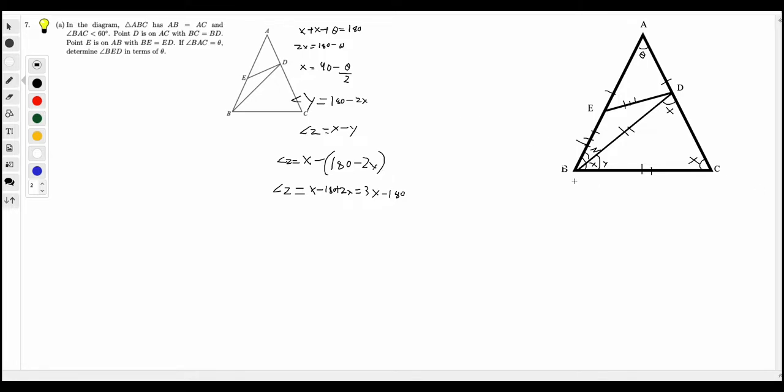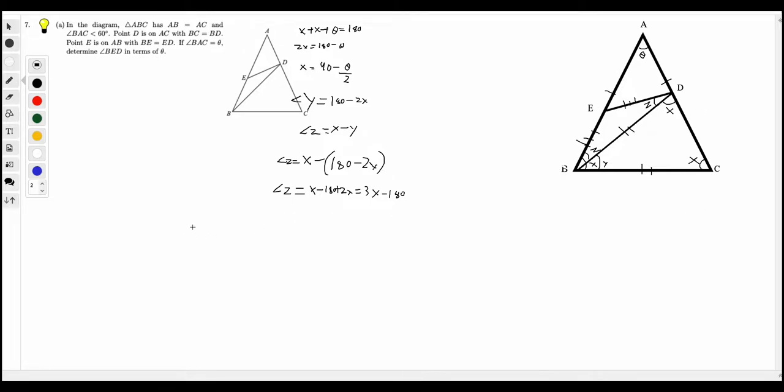After that, since triangle BED is an isosceles triangle, angles EBD and EDB are the same. So this can also be angle Z. And we can use that information to find angle BED.